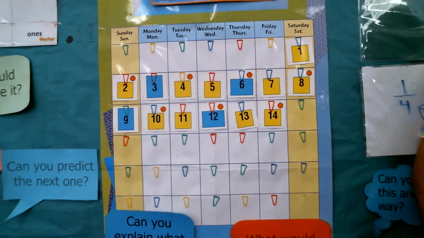I'll give you some vocabulary words for calendar math that might help if you haven't quite figured it out. Do you know the difference between a square and a rectangle? Do you know the difference between odd and even? Multiples.